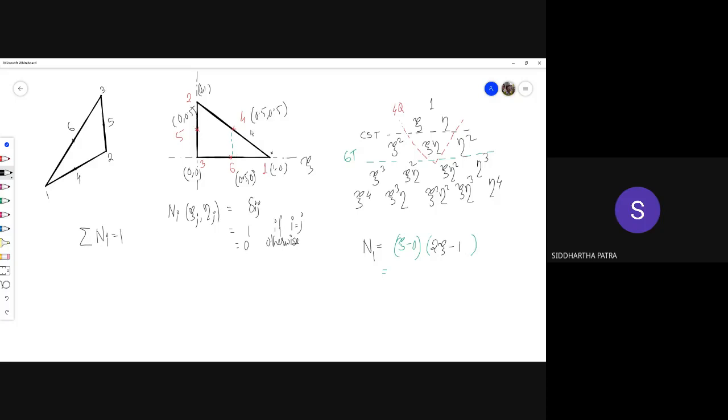Now that means each point, and even these nodes lying on this line 4 6, would give you a value of 0 for N1 because this term becomes 0. Now substitute the value of xi and eta, or the coordinates at node number 1. What value do you get for N1?